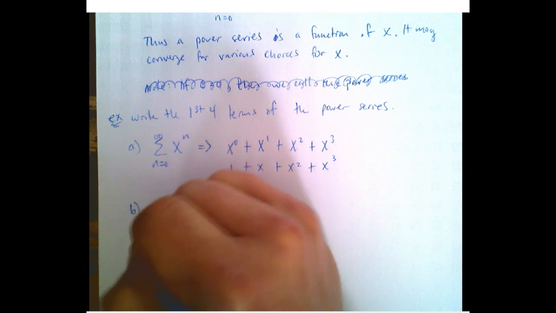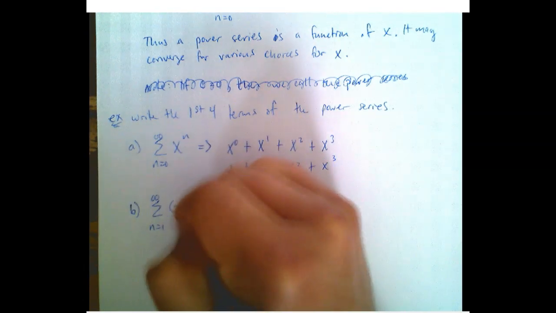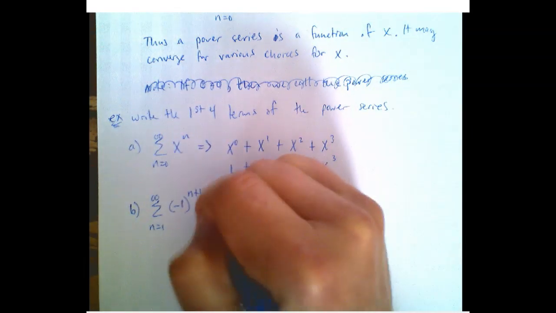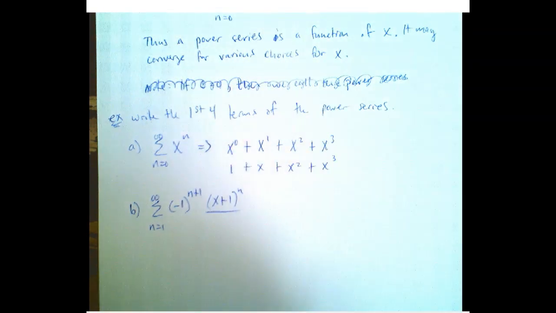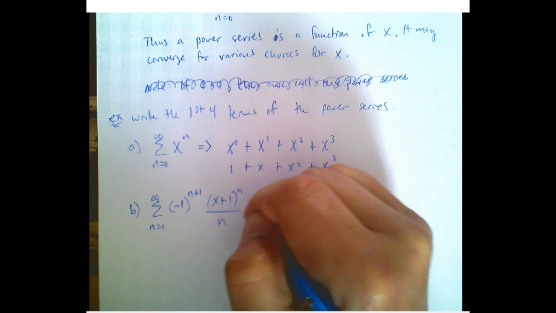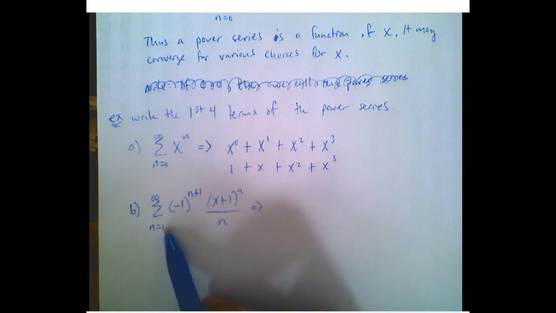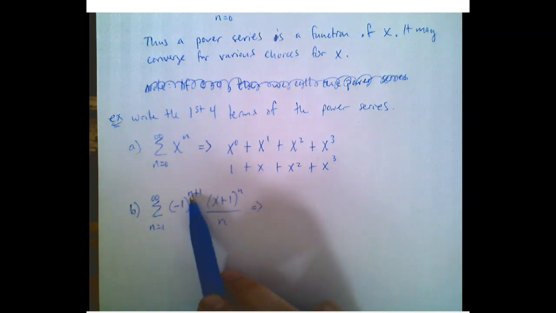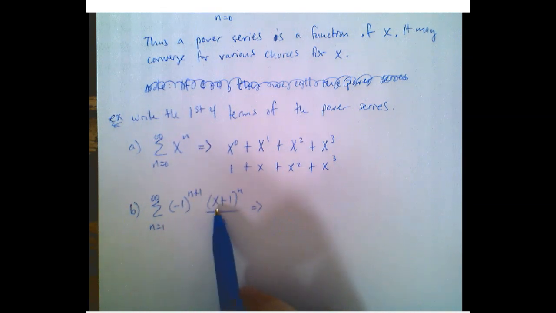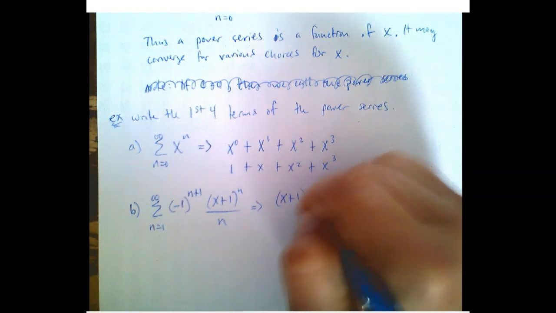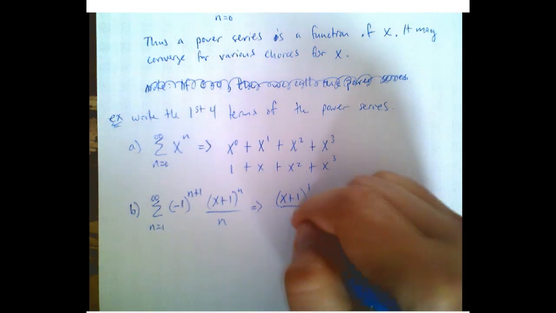How about this one? n goes from 1 to infinity, negative 1 to the n plus 1 times x plus 1 to the n over n. So our first 4 terms would be, now carefully plug in n's here, so if n is 1, this would be n plus 1, 1 plus 1, which is 2, and negative 1 to the second power is positive 1. Here we get x plus 1 to the first power over 1.